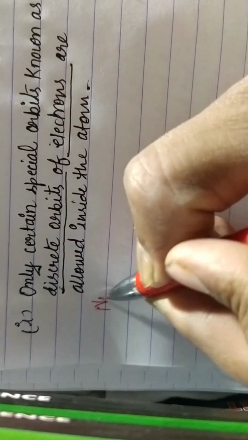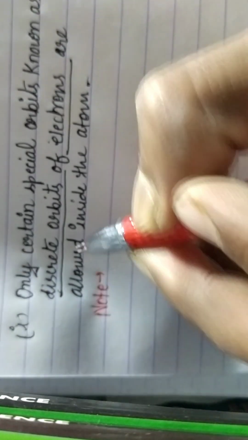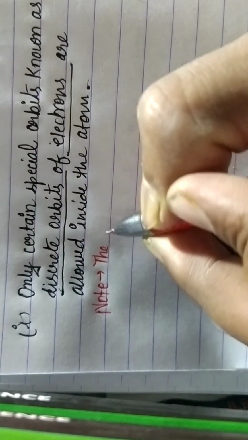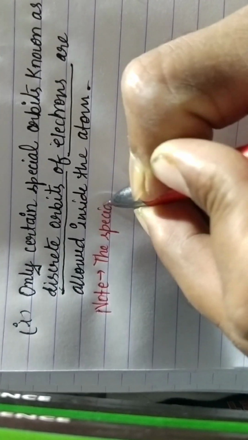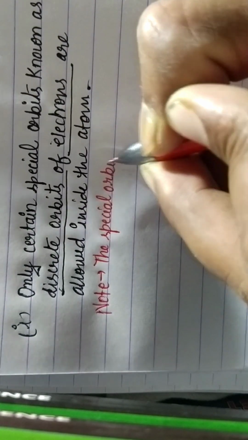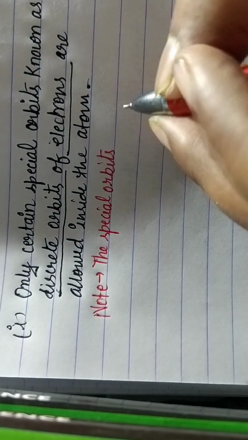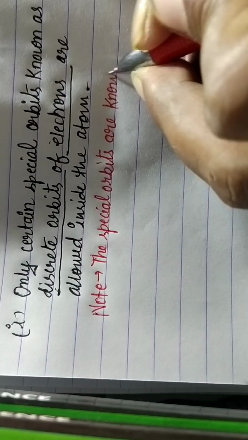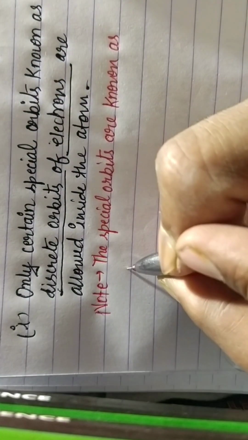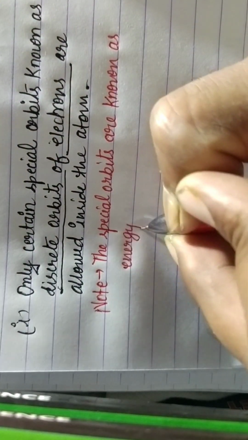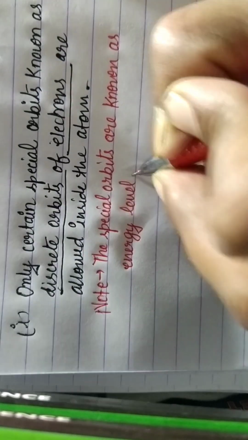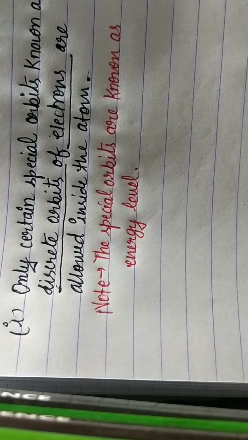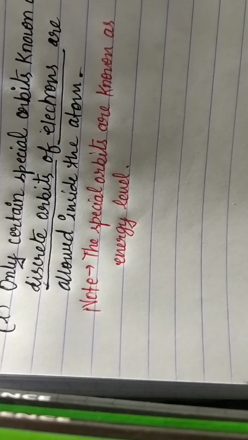You will note one point: the spatial orbits are known as energy levels. So it was his first point.